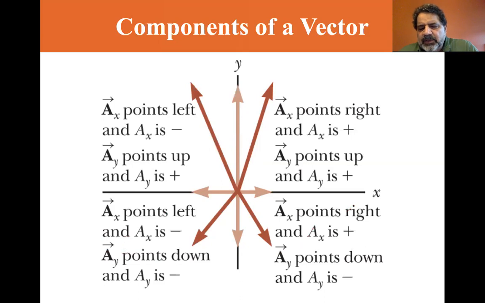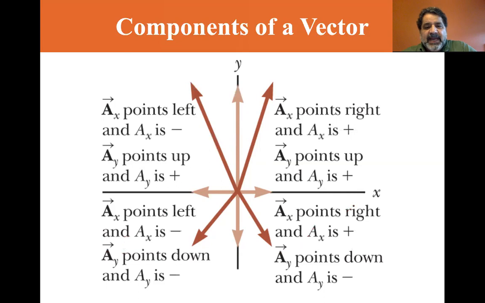There your result will be between 0 and 90 degrees. Now, if AX is negative, but AY is positive, then your answer is going to be between 90 and 180 degrees, or should be between 90 and 180 degrees.